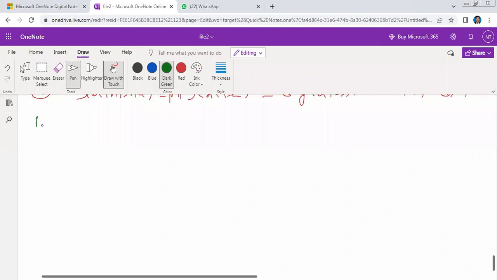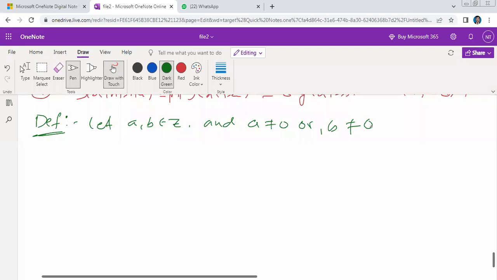Next, definition. Let a, b belong to Z, and a not equal to 0 or b not equal to 0.